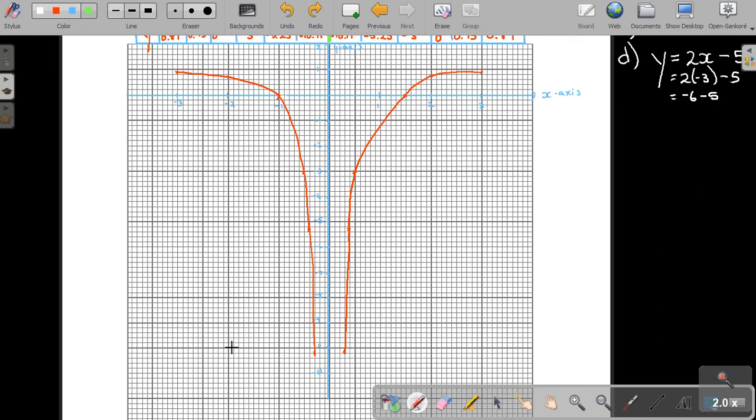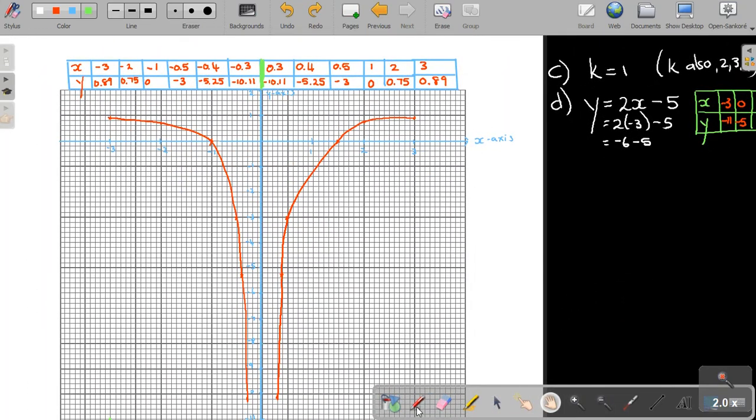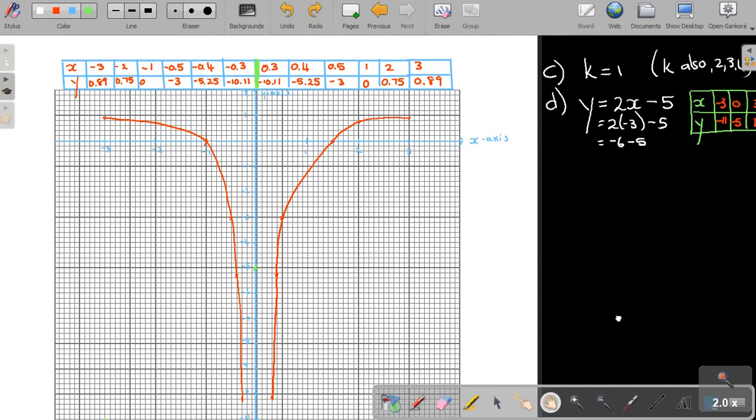Okay, there's 1, 2, and there is going to be 3. I just want to see if this is correct here, because it's 1, 2, 3, 4, 5, and there is the negative 11. Then the next one, 0 and negative 5, and the next one, 3 and 1.